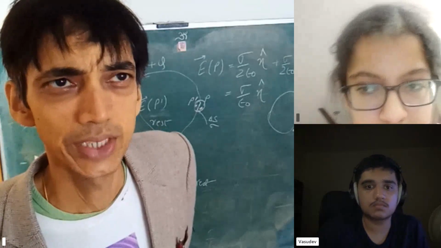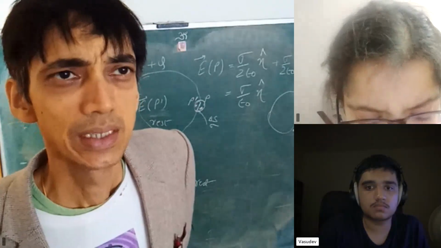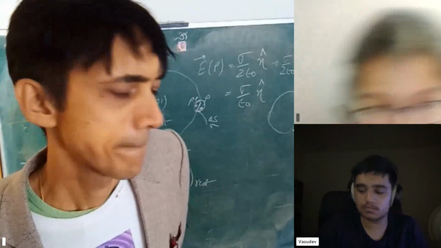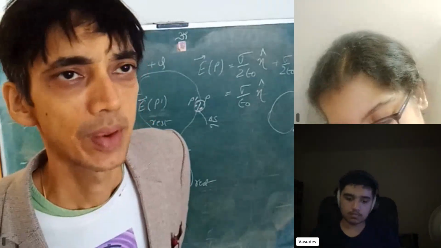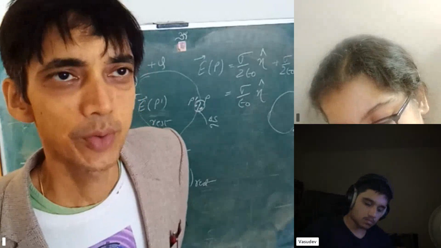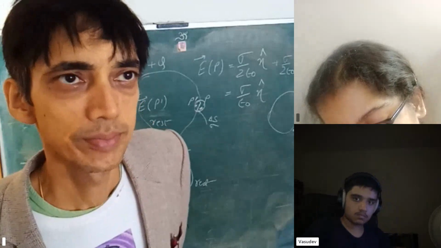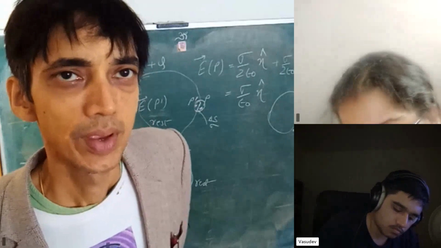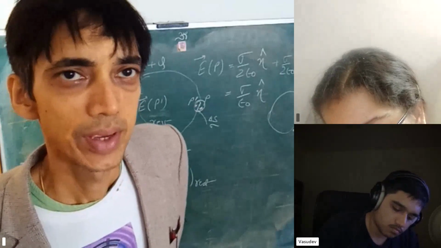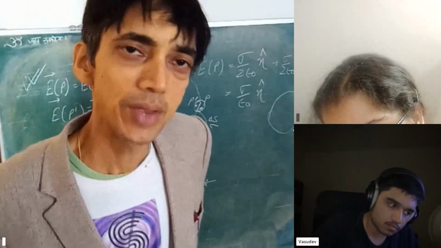Okay, and energy density. Write down energy density. Energy per unit volume is defined as energy density.